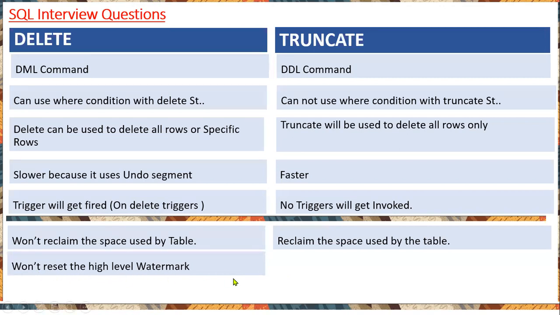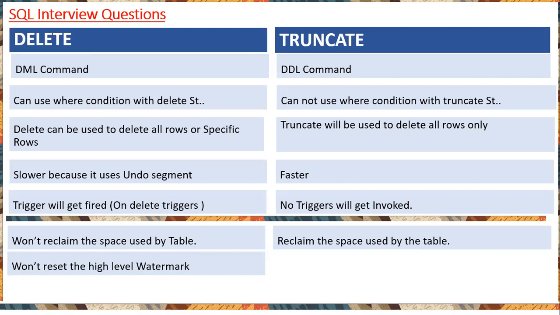The high level watermark is basically a mark for the data in the table. When we create a table, the entire table space is there, and there will be a mark up to where data exists. Let's say the watermark is for 5,000 records, so it will be enabled up to that level. The remaining space will be available as free.